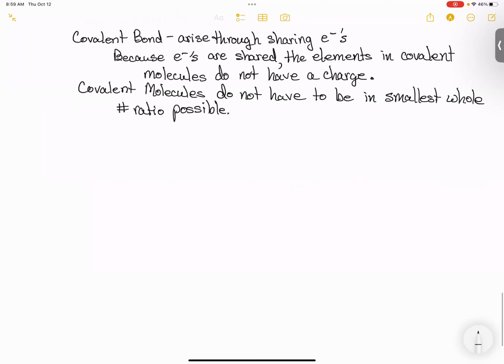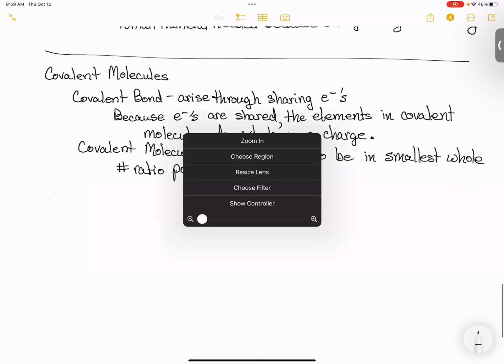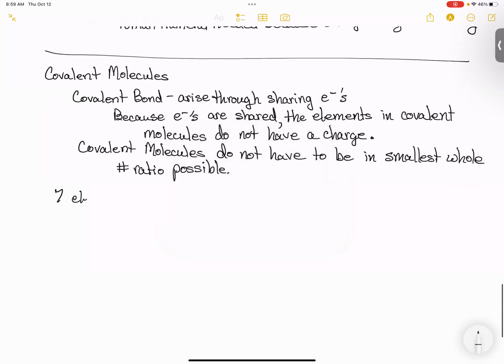There are 7 elements that, when found in nature by themselves, come in pairs.